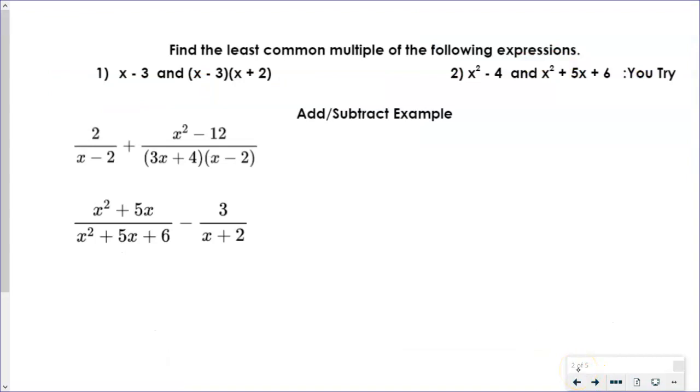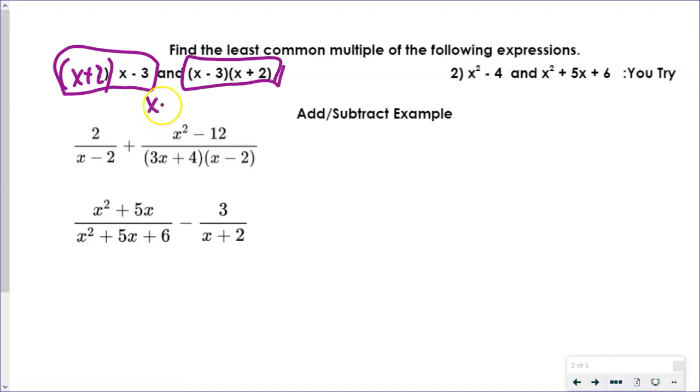Same thing for finding the least common multiplier, so common denominator, for these two. If this one is x minus 3, x plus 2, this one is missing x plus 2. So now they both look the same. So what would be the common denominator here, or least common multiplier?